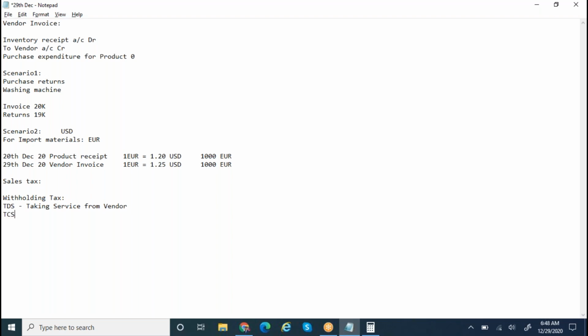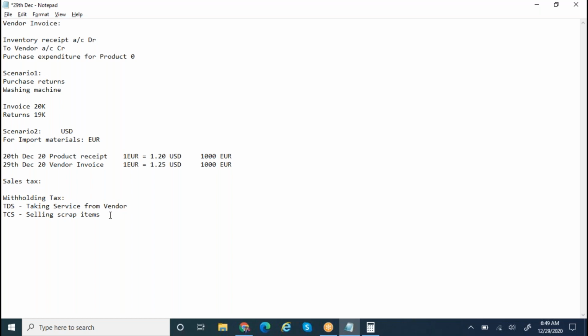TCS will come into the picture if you are selling scrap items, in a production manufacturing industry. In a manufacturing company, TCS will come into the picture. TDS is if you are taking services from the vendor.